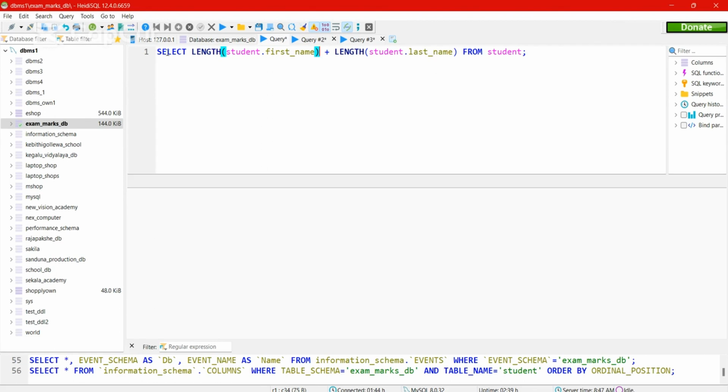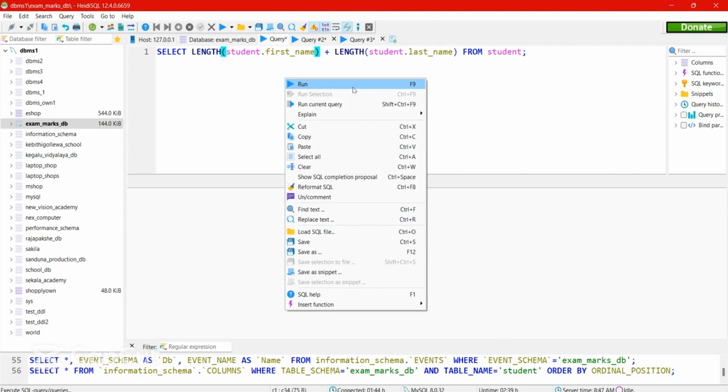Briefly, this keyword called length helps us get the total number of characters of the particular value we give as the parameter inside the brackets. So this is the query for the first one.